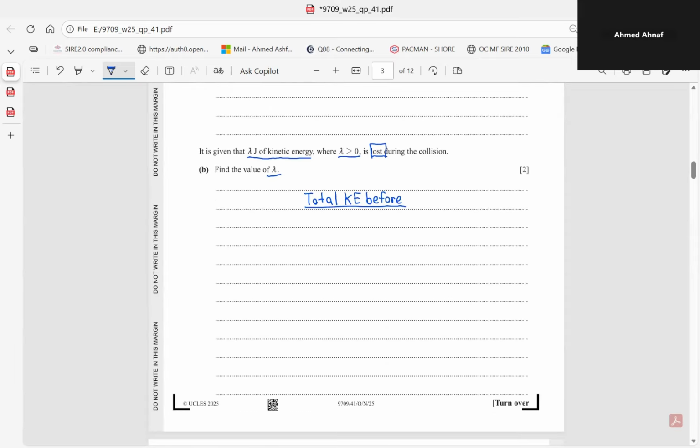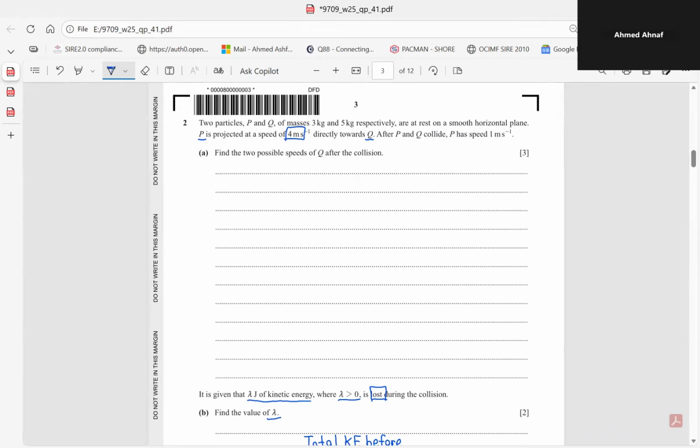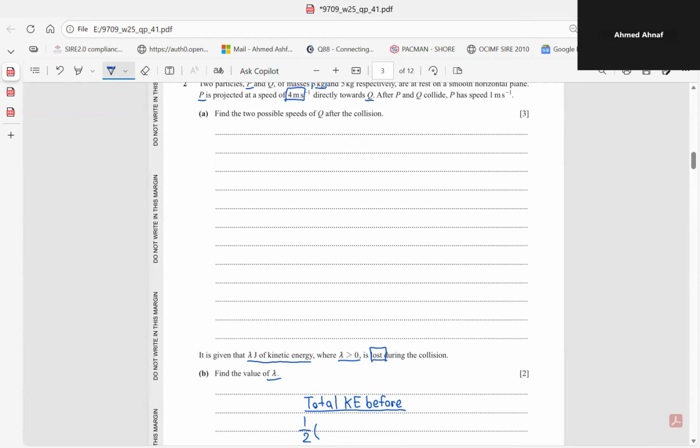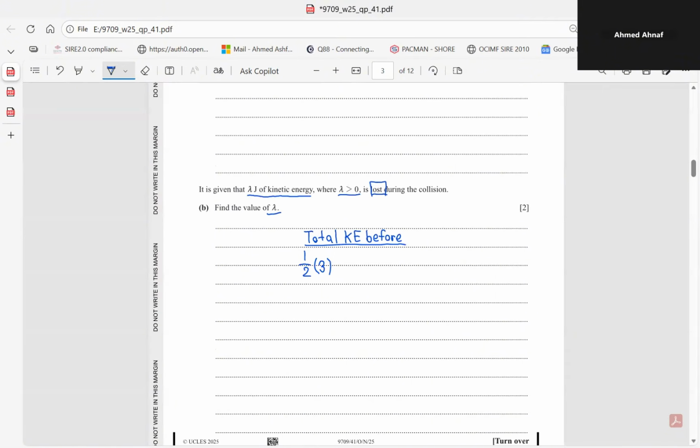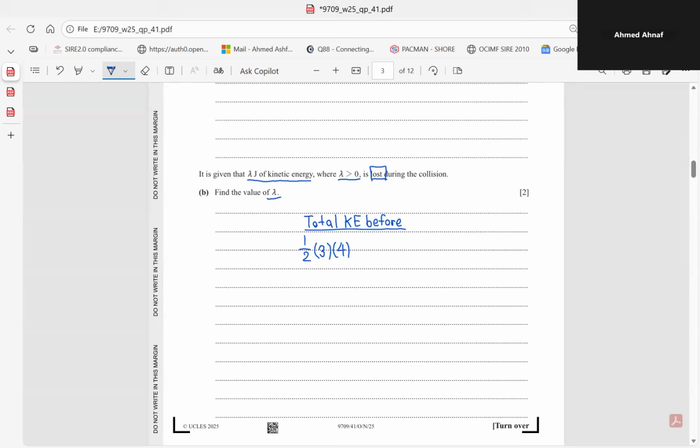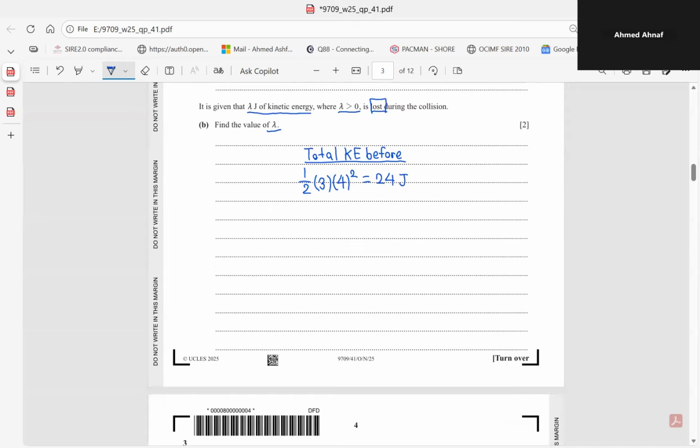So that's half mv squared. So m for P is 3 kg. You can see here. And the speed is 4 meters per second, so 4 squared, v squared. And so now just type into your calculator. So 16 times half, that's 8. 8 times 3, that's 24. So 24 joules. That was before.